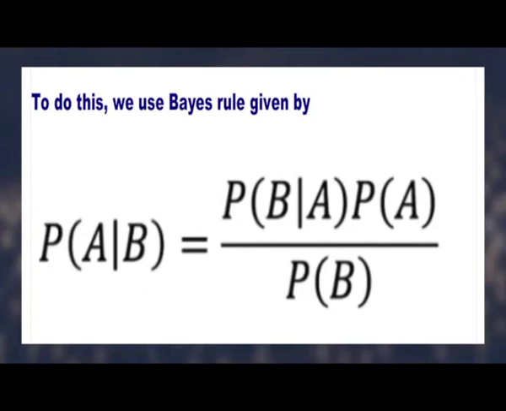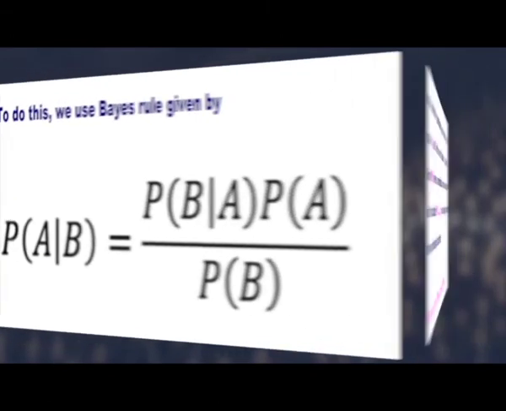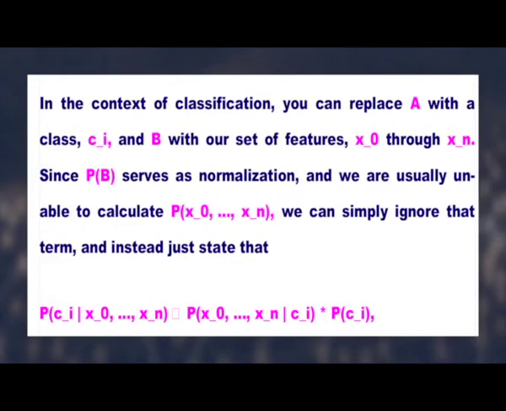probability of A given B is equal to probability of B given A into probability of A divided by probability of B. In the context of classification, you can replace A with a class Ci and B with our set of features x0 through xn.